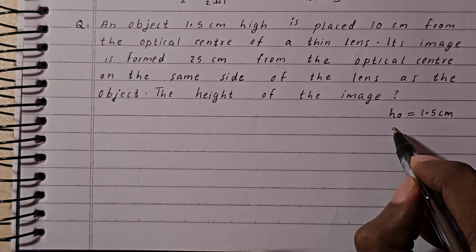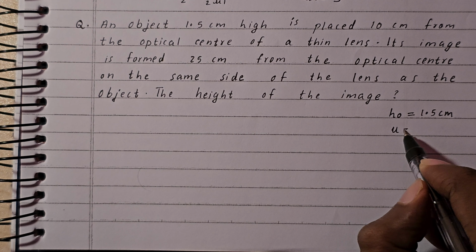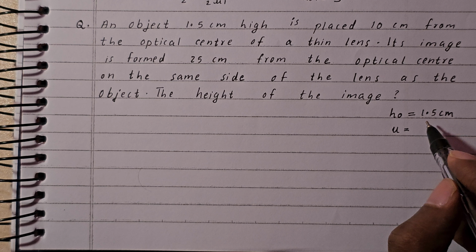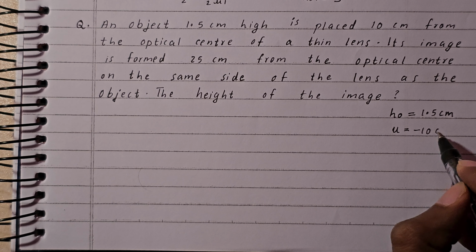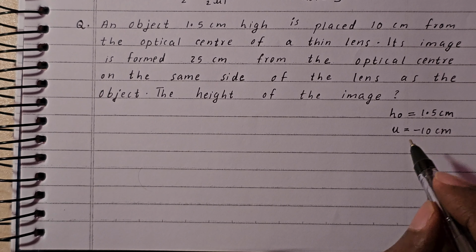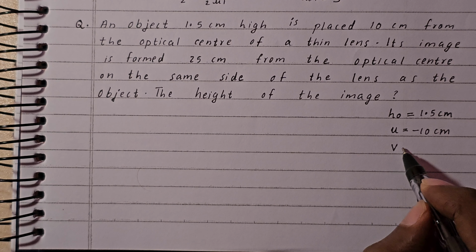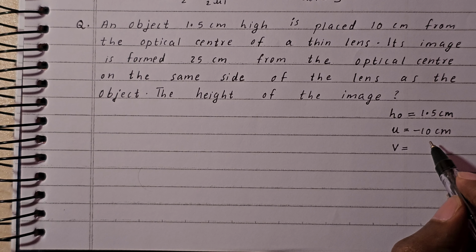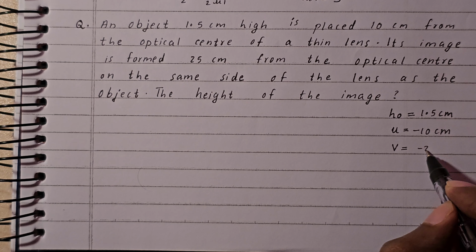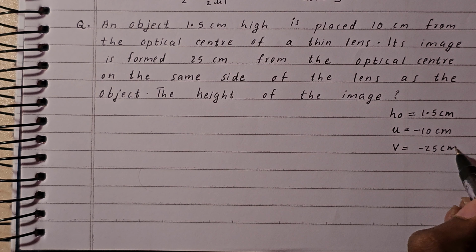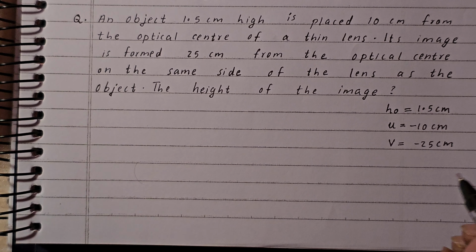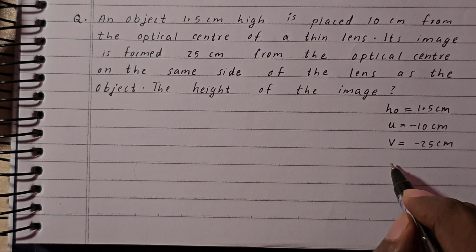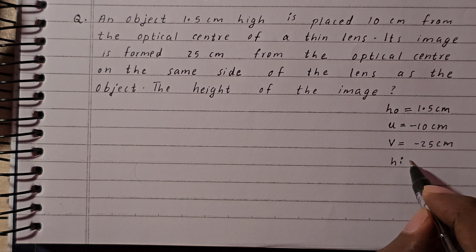So u, the object distance, is minus 10 centimeter. Again, the image distance from the lens, v, is equal to minus 25 centimeter. So here we have to find out the height of the image.